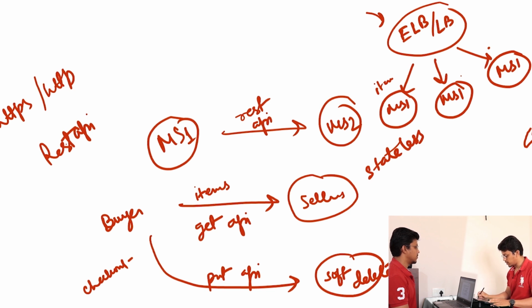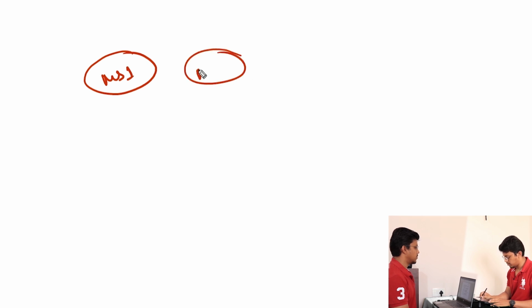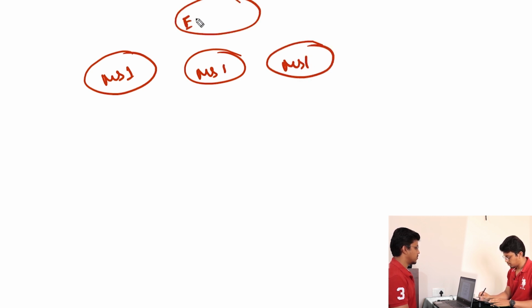So how we will do authentication is, we will have multiple layers of microservices. Sorry, it will be one. We can have an elastic load balancer or application load balancer.